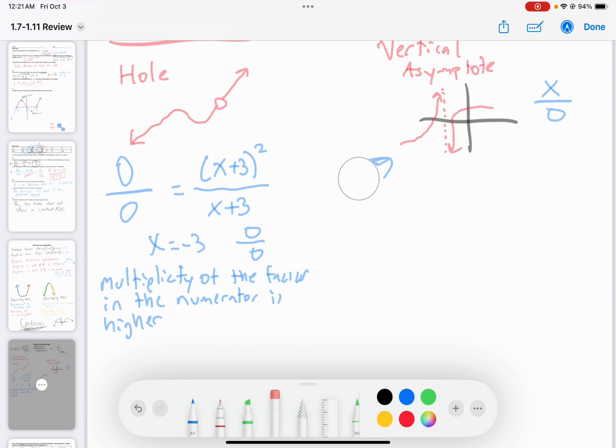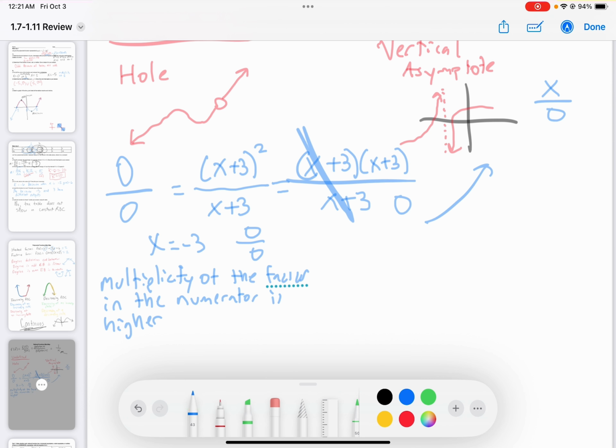And that's all about what happens as we get closer and closer. Well, let me show you a little bit why. This can be written as x plus 3 times x plus 3, right? This is x plus 3. Well, these cancel out. What are we left with on the bottom? 0. We're left with something over 0. Well, that's a vertical asymptote.